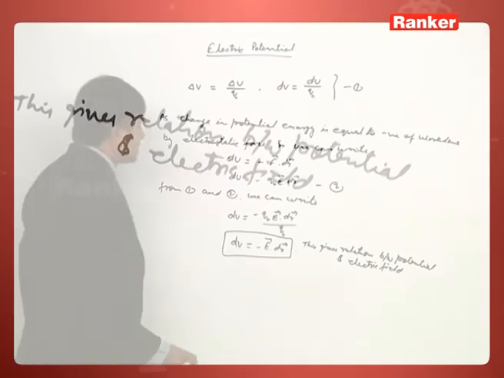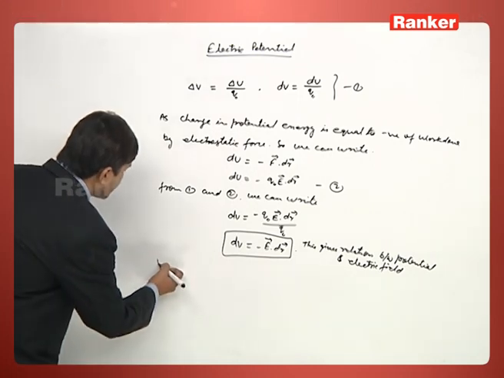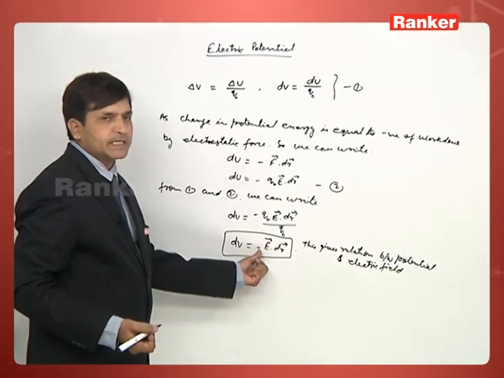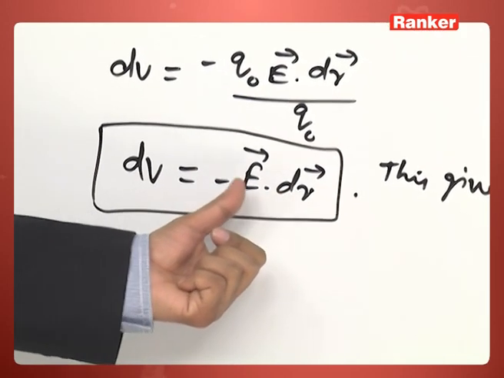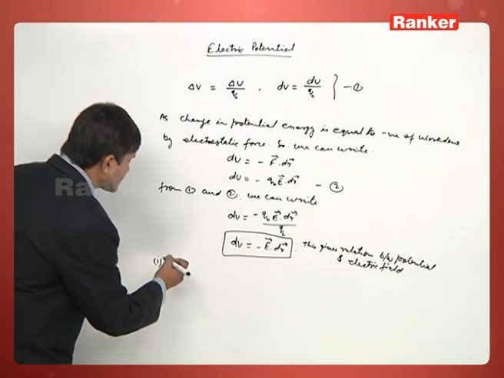Like this. And see from here, first point we can write negative sign in the expression. Negative sign in the expression tells us in the direction of electric field potential decreases.